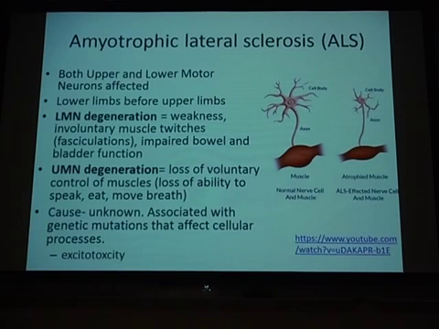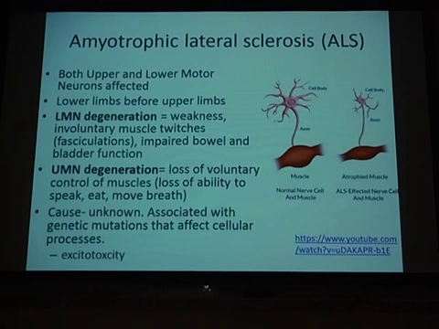Eventually, this disease will progress so that all voluntary movement is lost. So swallowing, locomotion, breathing, all is lost. So the loss of voluntary movement is going to be more indicative of what motor neuron problems? Upper. So that the voluntary controlled movement is reflective more of the upper motor neuron problems.